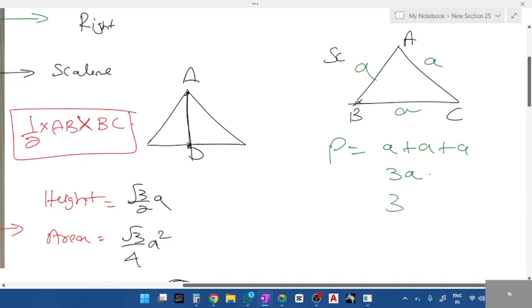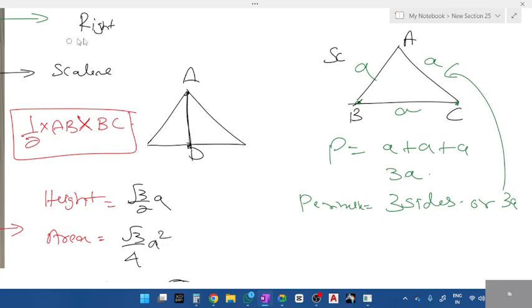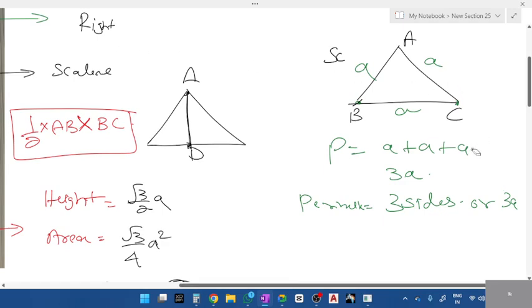And how many sides are there in this triangle? 3 sides. Instead of A, you can even write 3 sides. So when ma'am asks you to write the perimeter of an equilateral triangle, write 3 sides or 3A. Mention both if the diagram is given; if not, just write 3A. That's it. Okay, this is equilateral. Clear?